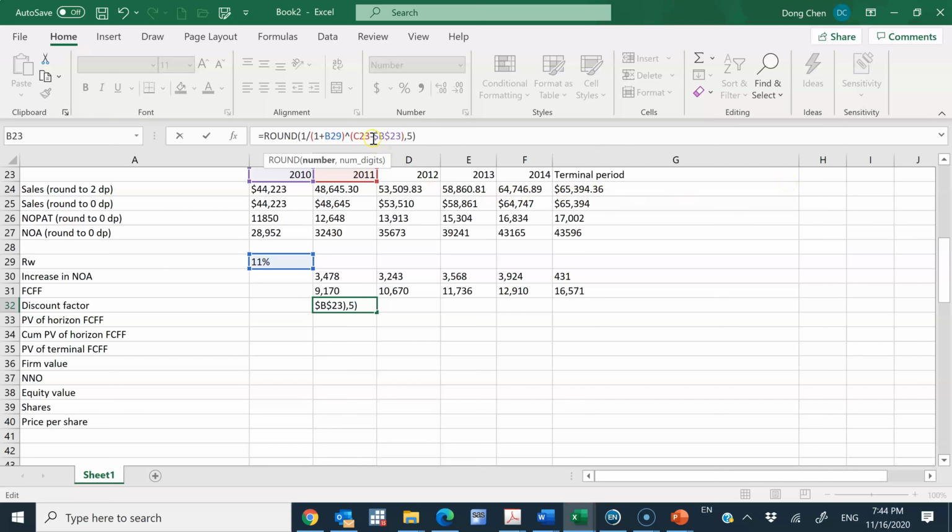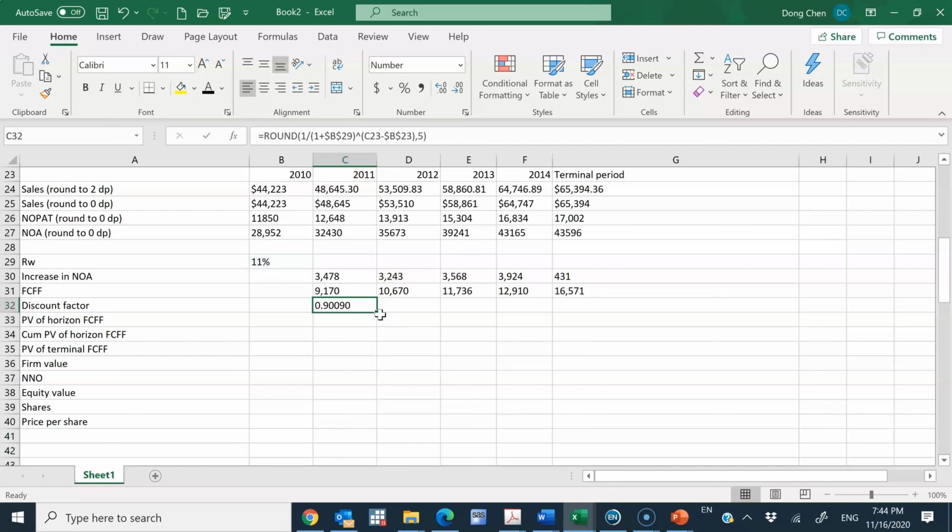So the only thing I want to change is the year number, so the power will automatically change. And this B29, I also want to fix because I don't want the discount rate to change. So I guess that's what I want, basically. Now I can drag the cell to the other years. You can see this is automatically calculated.